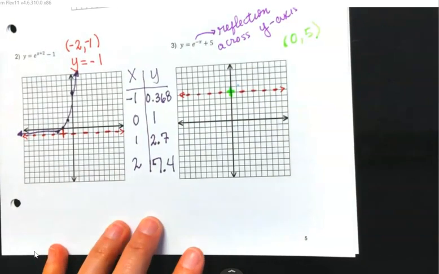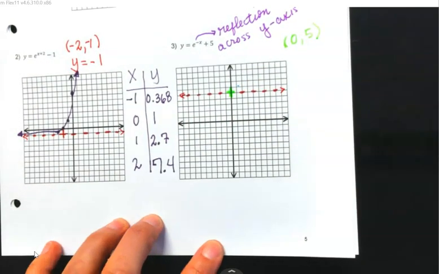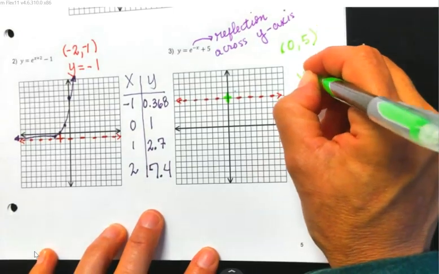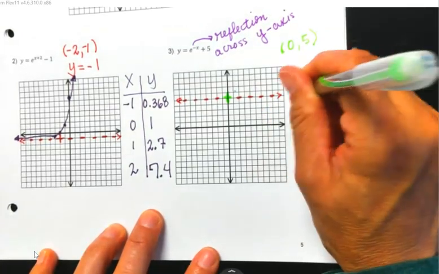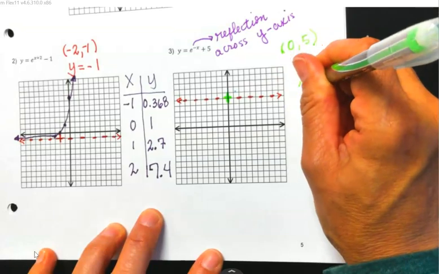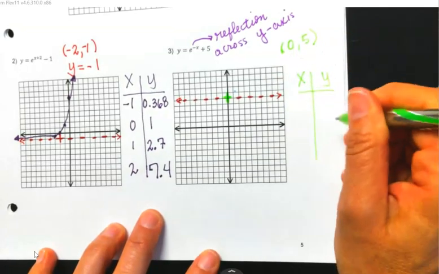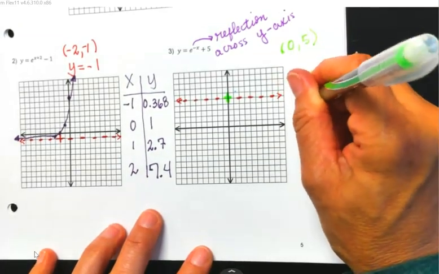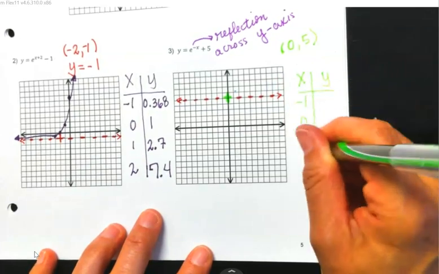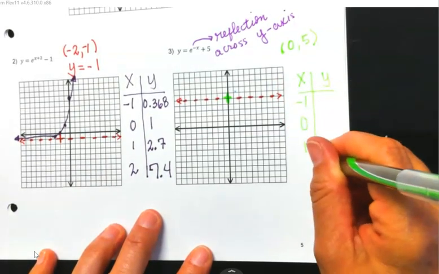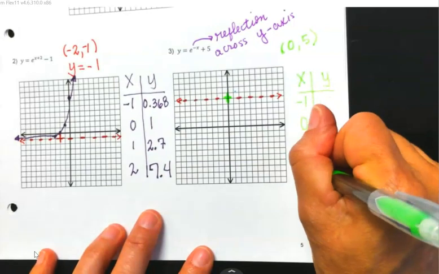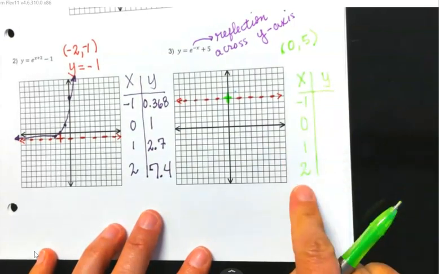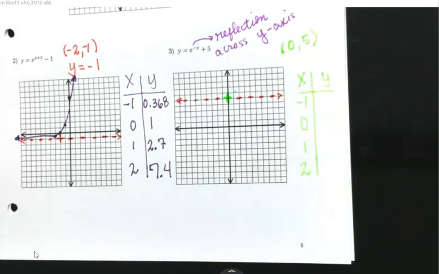All right, let's draw our t-chart, and please remember, it is only going to be applicable to the base of e. So we're going to plug in -1, 0, 1, and we could plug in 2, but I'm not going to require you to memorize that, and I'm going to show you that.